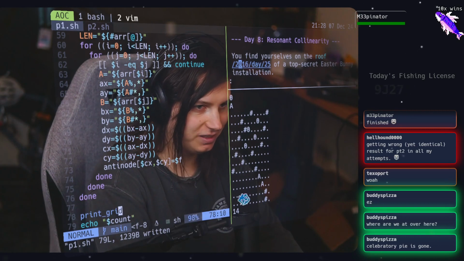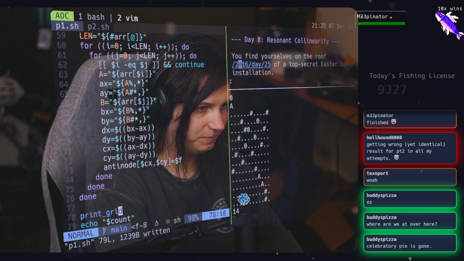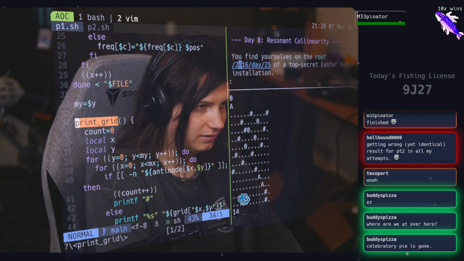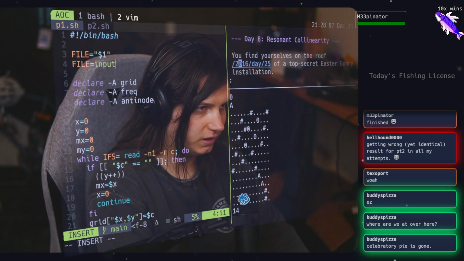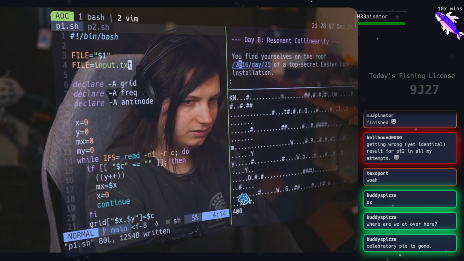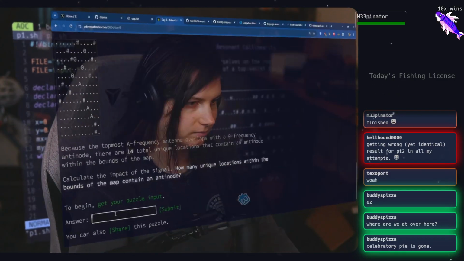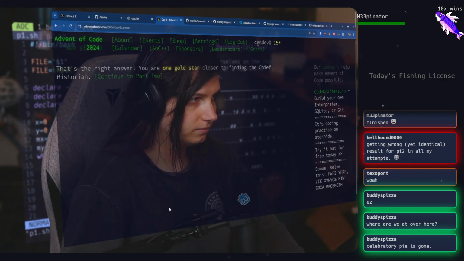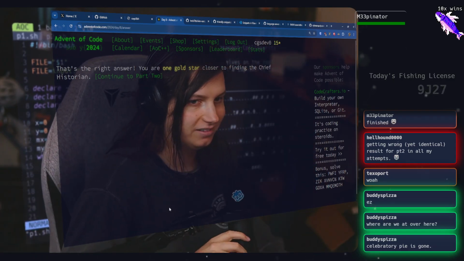Ah, shit, but now my printing function is in the way. That's okay. We can just do file equals input.txt. 400? Easy. Where's my celebratory pie?